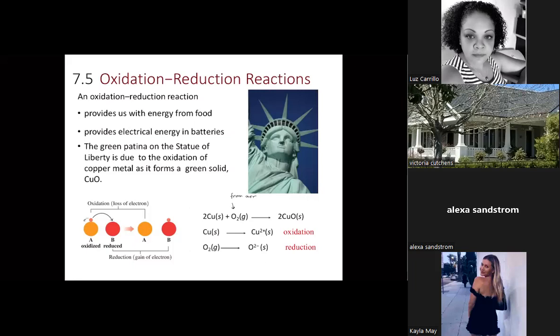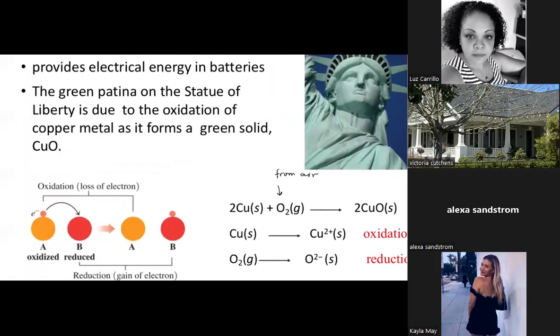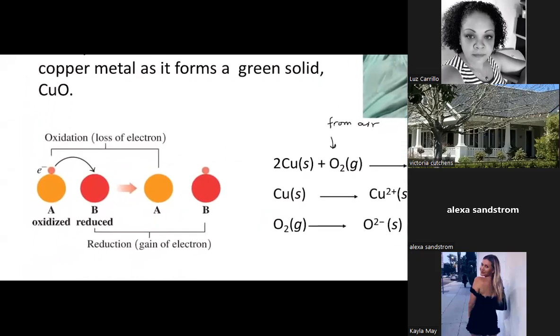So in this reaction, we have seen how from reactant to products, there have been changes in the different atoms that we start with. So understand that in the process of oxidation reduction, whatever atom is losing electrons is undergoing oxidation. Whatever atom is gaining electrons is undergoing reduction, okay?